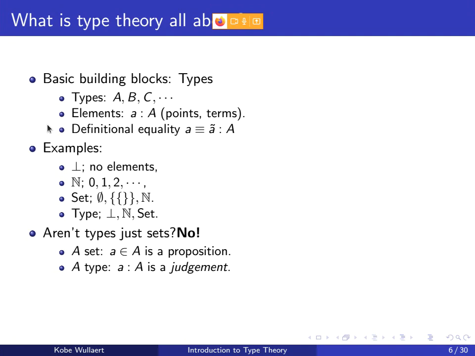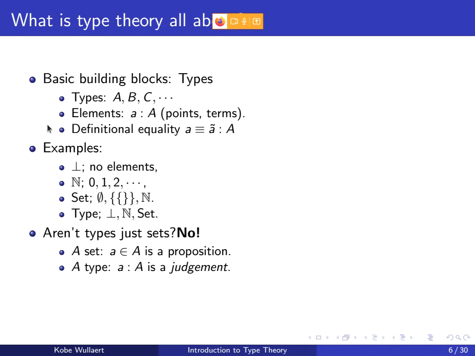In particular, it can also be in multiple sets at the same time. But in type theory, we do not have this. This is a judgment. What I mean is that every type has its particular terms, and each term has this type. It is related with this type.